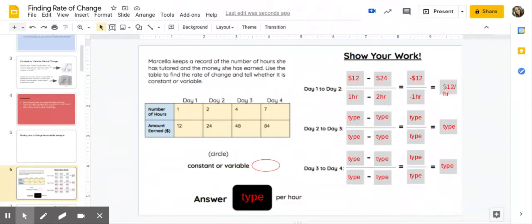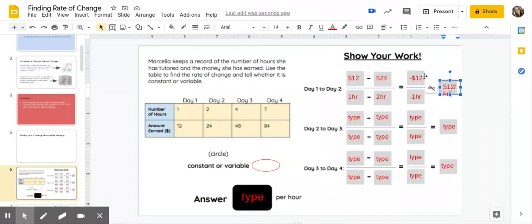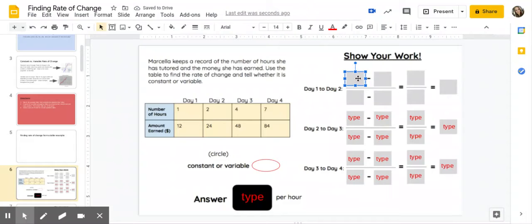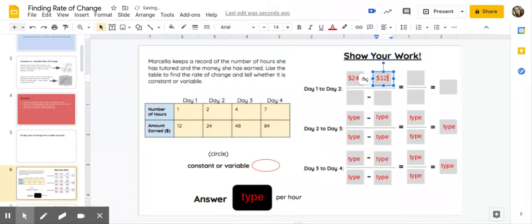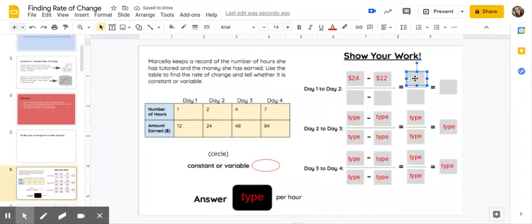Now let me show you that this is going to turn out the same if I reverse it. So if I start out with my second number and start out with $24, then minus from it $12, that's just going to be a positive $12 instead of a negative $12 like earlier.